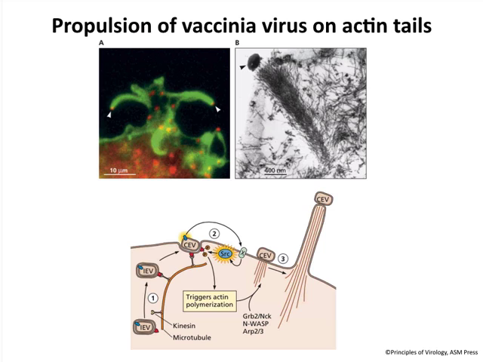So the virus activates this Src kinase. This triggers actin polymerization, and you get these big projections from the cell, which are full of actin filaments, and that pushes this virus to the next cell. So if you take infected cells with these filaments and you add uninfected cells, these viruses get pushed into them.